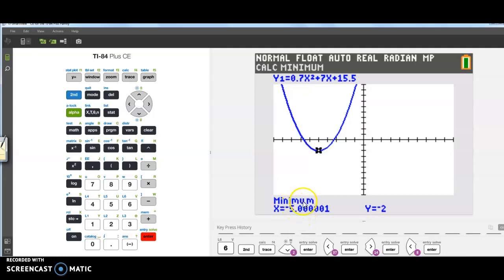We can see that the calculator with its pixels has a little bit of difficulty getting this value to be exact, so you might have gotten a -4.99999, or as we did here, a -5.00001. So either of those would round to -5, -2 as that minimum value.